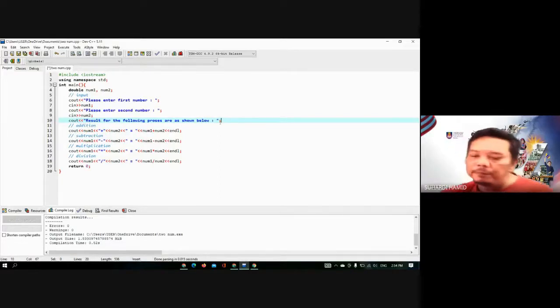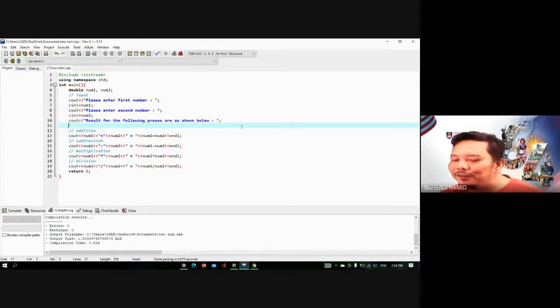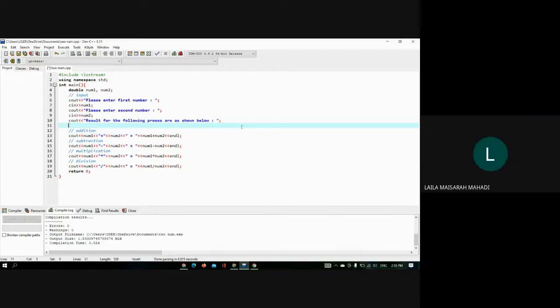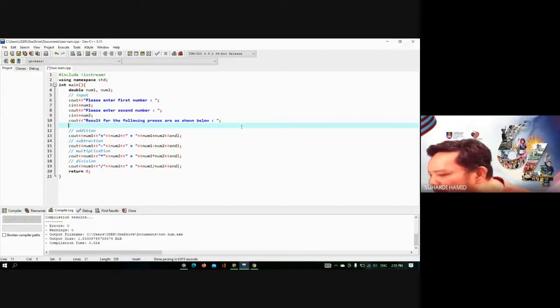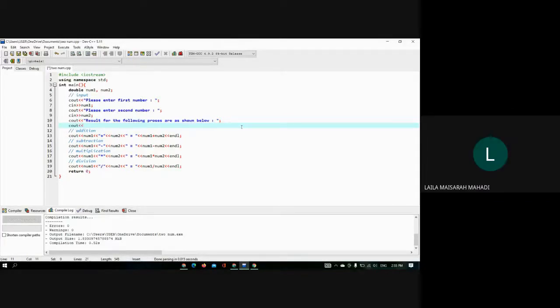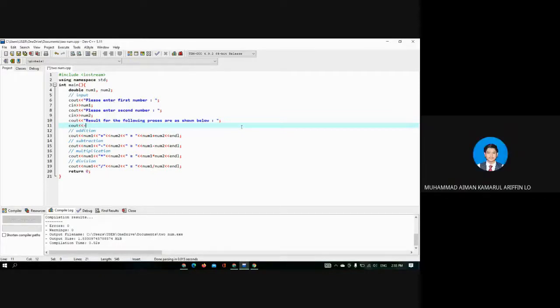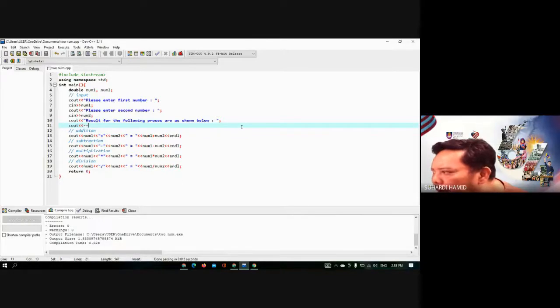There you go. Next is the next line. You have to put the line. Not a dotted line, but the minus sign all the way through. cout, minus sign all the way through, in double quote.